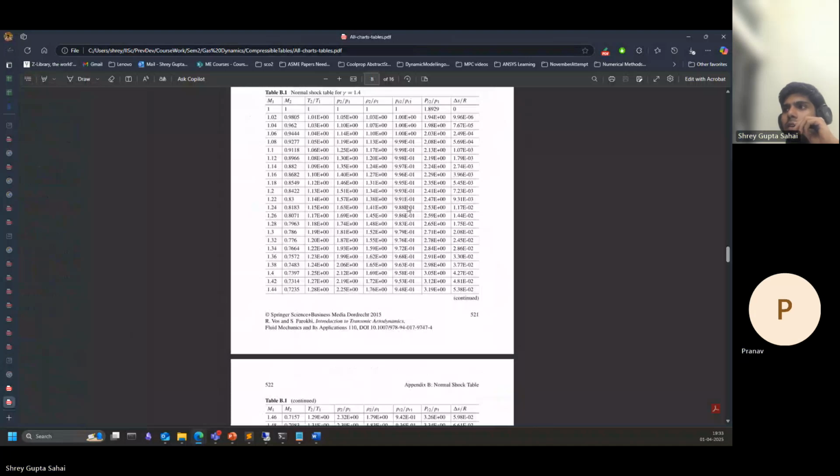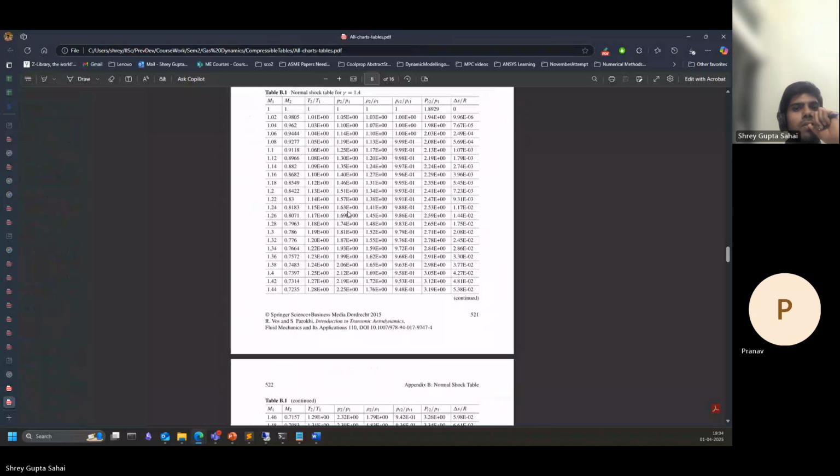M1 was 1.45, wave angle 60, deflection 9.7, and the pressure ratio it shows is 1.673. P2 by P1.